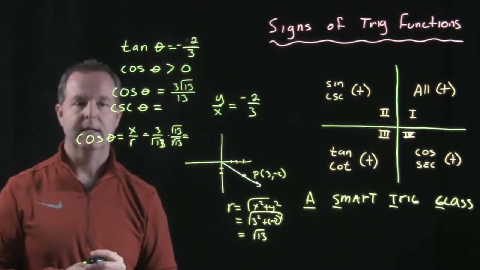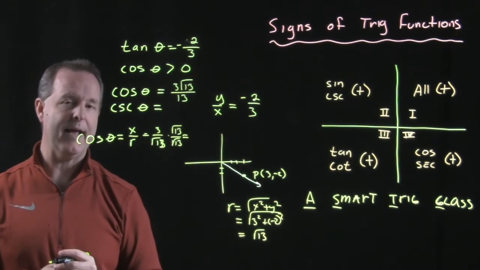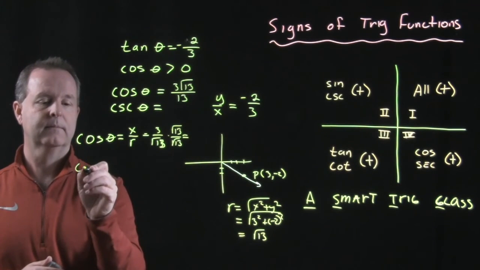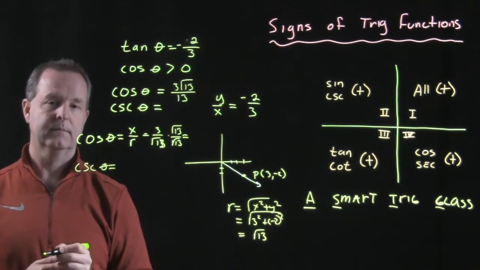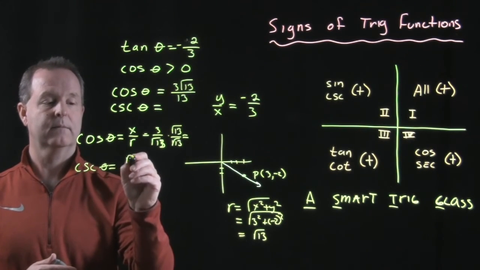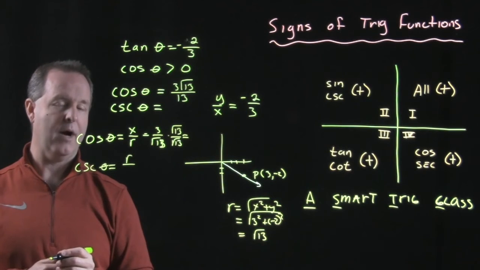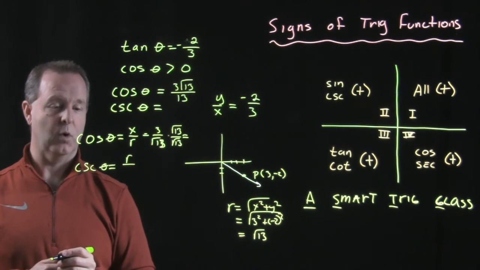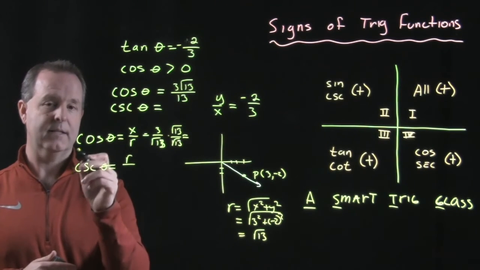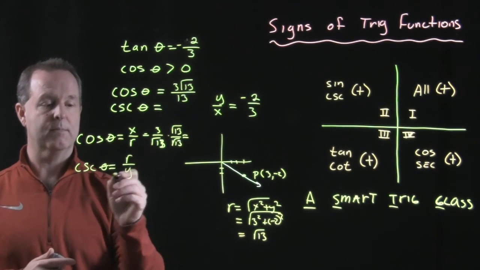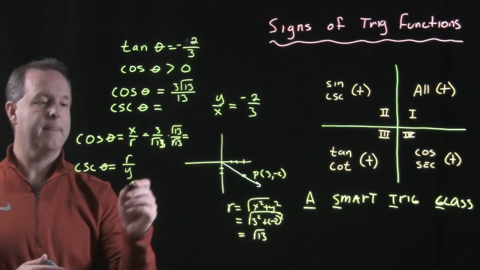Now to find the cosecant, do we remember what that was? Cosecant of theta is the reciprocal of sine. Sine dealt with y's, so that was my r over my y.